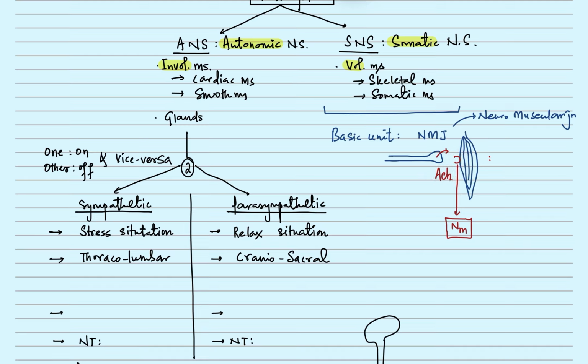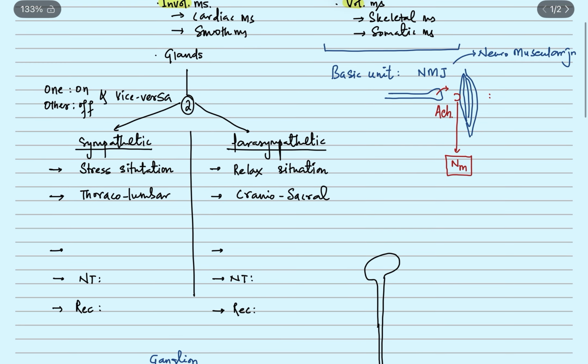Listen very carefully to my words. The name of the receptor present on the muscle part of the neuromuscular junction is NM. What is the full form of NM? That is nicotinic receptor muscle type. NM. N for nicotinic, muscle type.